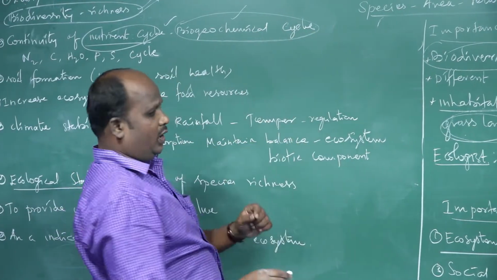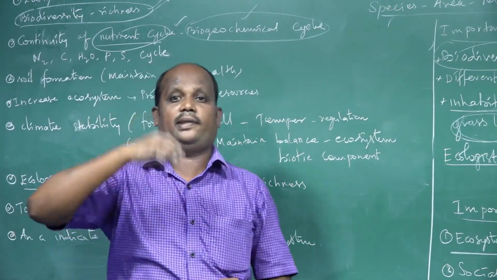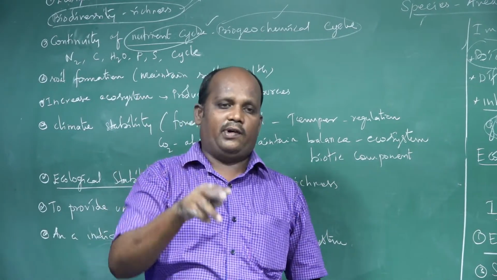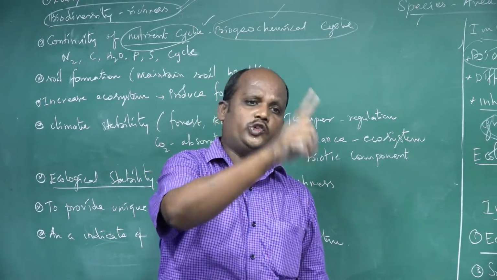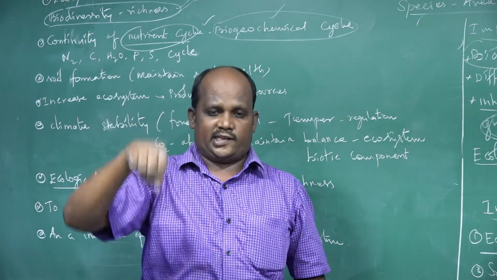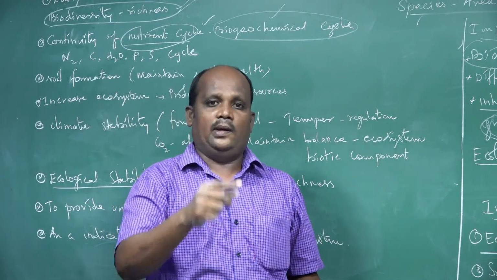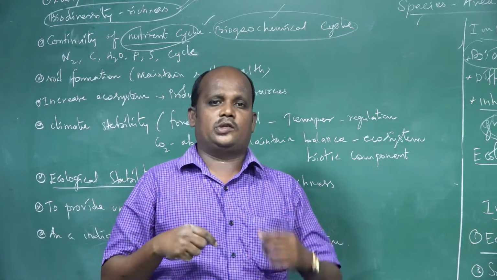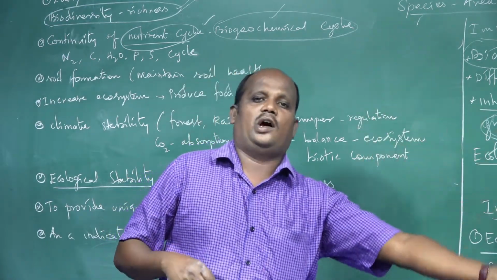Continuity of nutrient cycles throughout the biogeochemical cycle: bio means biological organisms provide the components. It goes to rainwater, rainwater passes to ocean water, and ocean water again passes to rainwater. So it comes to the earth surface, from the earth to the plant, plants reach animals, animals reach human beings, and human beings reach the soil again.